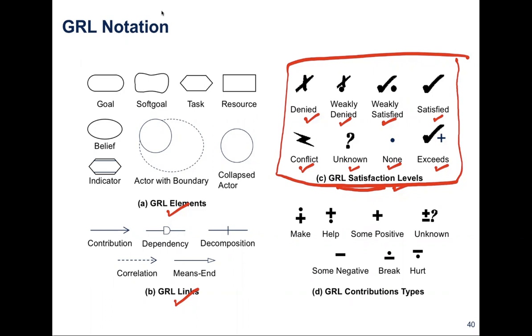Also, on each contribution link, we might see different contribution types. As I said before, it could be a make or a help, some positive contribution, or a non-contribution, or some negative contribution. It breaks: a node breaks another node, or a goal will break another goal, or this goal might hurt the existence of another goal.